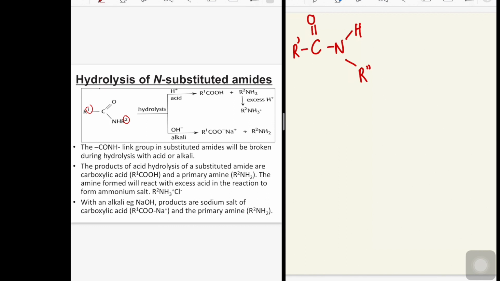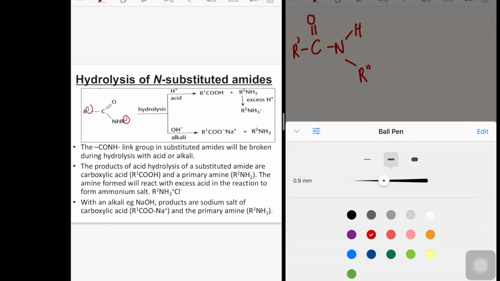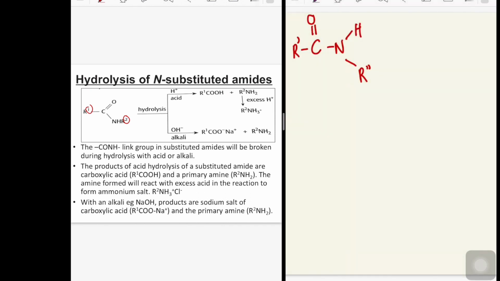If we look at the acid hydrolysis first, with H plus, you break the C single bond N, and you will get R, C double bond O, the carboxylic acid part, plus the amine part, NH2.